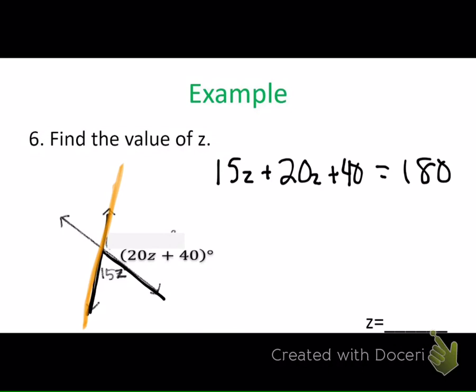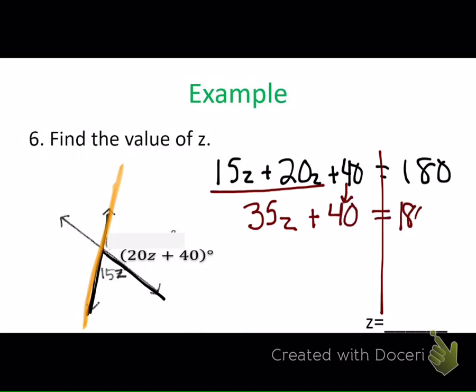What am I going to do first? I'm going to add the 15z and 20z, which equals 35z. I'm going to drop down the 40. So plus 40 equals 180. What do I do next?